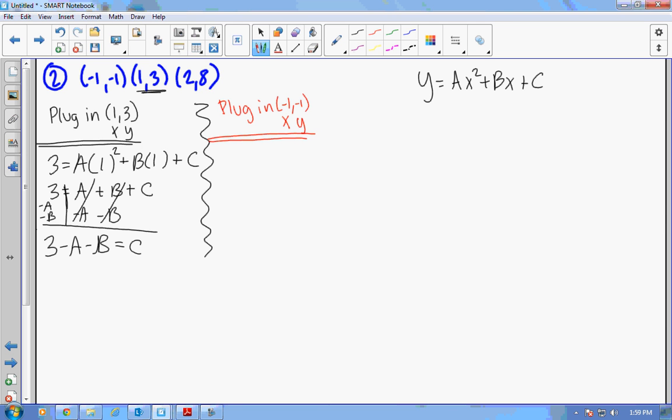And negative times negative is a positive. So it'd be positive 1a. So we have -1 equals positive 1a, so just a. What's b times -1? b times -1 is -1b.